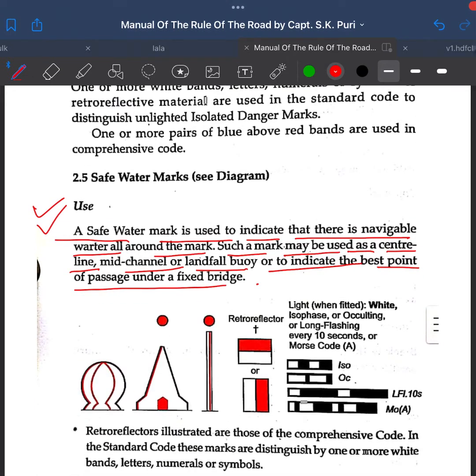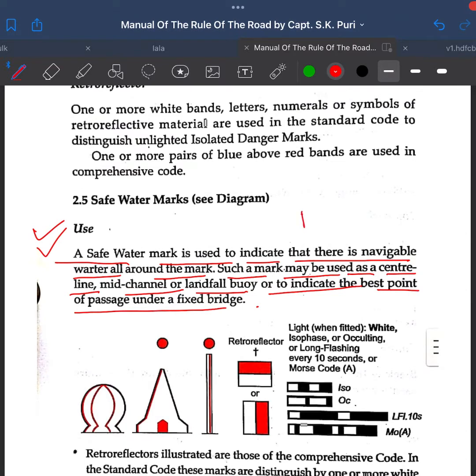Two questions might be asked by the surveyor: what is a fairway buoy? It is known as the fairway buoy because it is placed in the mid-channel, to give you a safe passage in the channel. Understood the point?